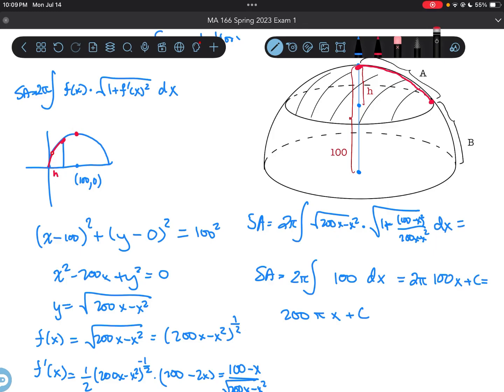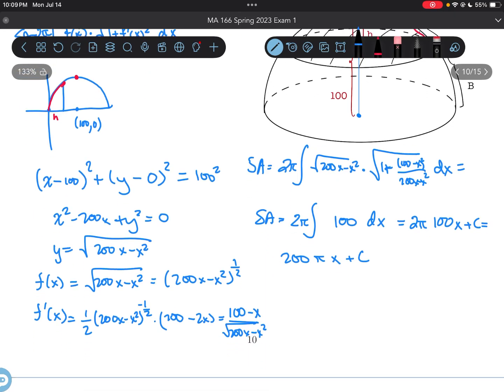If we revolve this whole region, we find the area of the northern hemisphere, and if we revolve just this, we find the area of country A. So we want to find the total area of the northern hemisphere, and we also want to find the area of just the sphere cap. I'm going to write AT, the total area, and we get that by plugging in 0 as a lower bound and 100 as the upper bound.